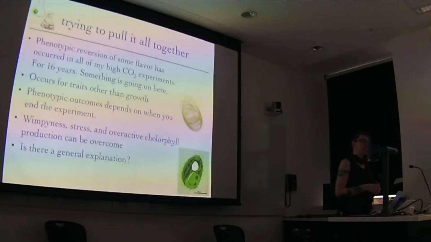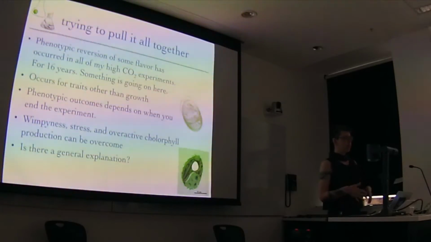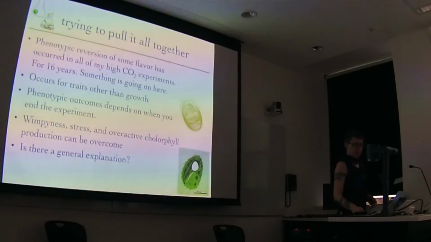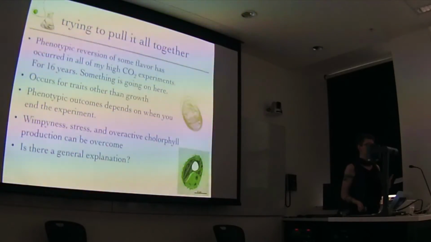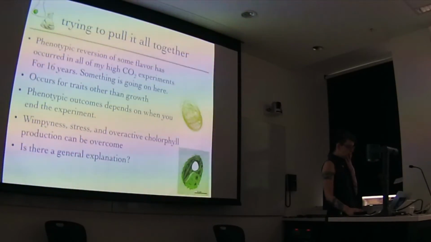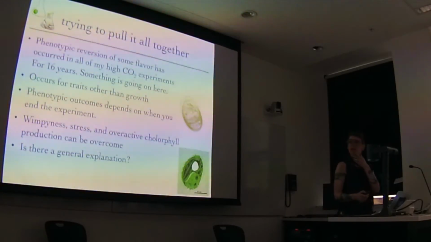I've talked about growth here because it's easy, but it also happens for things like chlorophyll content and cell size and photosynthesis rates. Critically, it means that the phenotypic outcome of these evolution experiments depends on when you stop the experiment, whether or not these traits have time to revert. So all of these traits can revert, and I wanted to know if there was a general explanation.